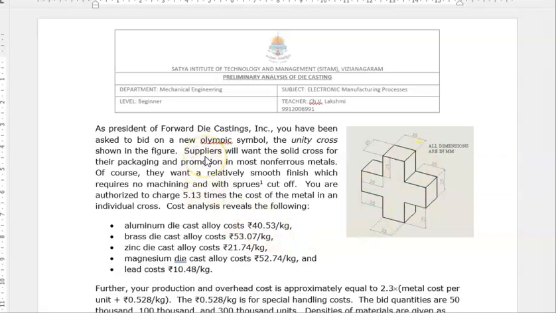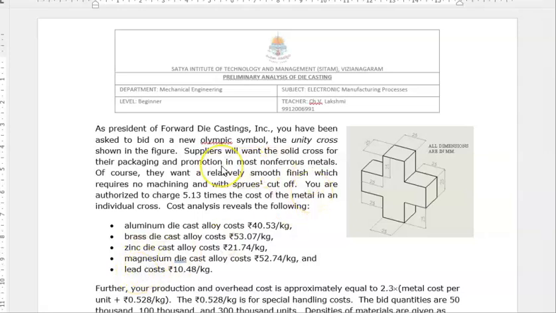It's not a hollow one, for their packaging and promotion in the most non-ferrous metals. Maybe aluminum, maybe brass, maybe zinc, maybe magnesium, maybe lead, and so on.